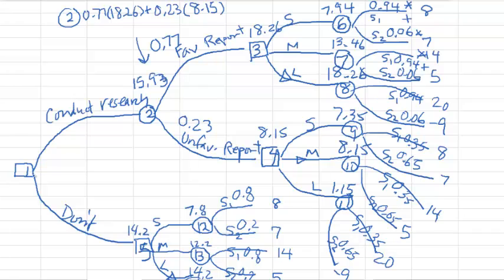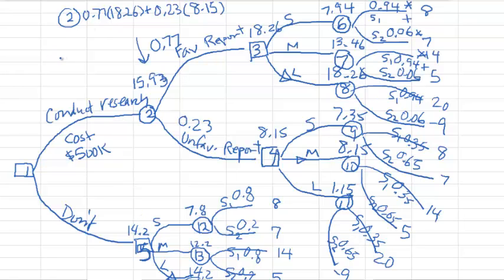Now we go to node 1 and compare the values at nodes 2 and 5. But don't forget, when you conduct the research, you have to pay for this research, and the cost of that was $500,000. So to make a fair comparison, from node 2 value, we would have to subtract 500,000 and compare that net to the 14.2 million here.